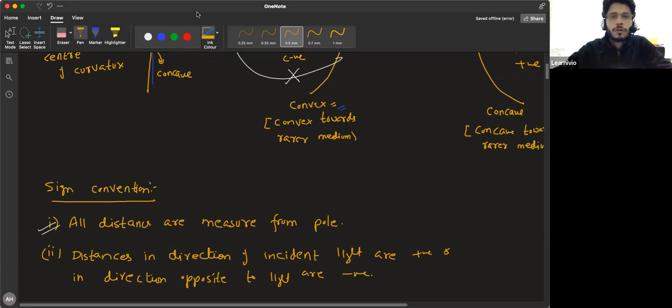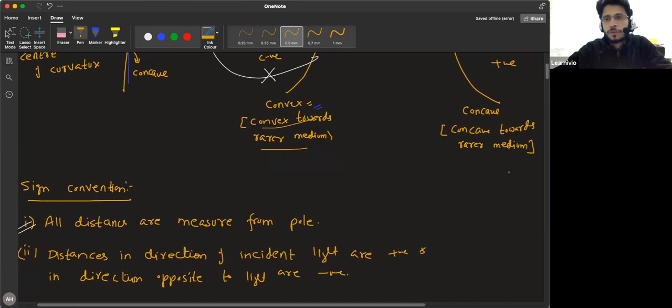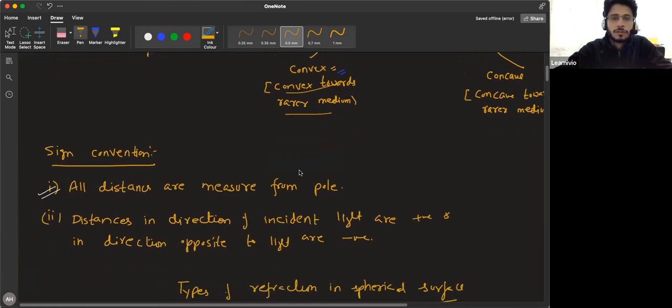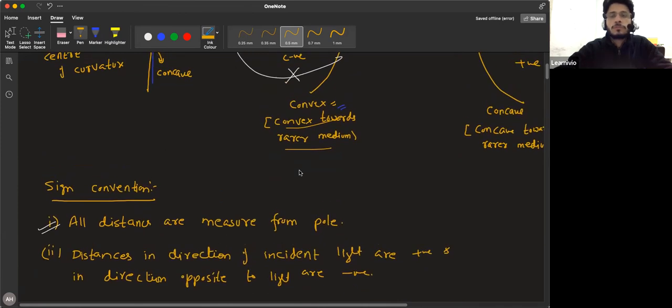Omar, can you explain how we can decide whether the surface is convex or concave? By the rarer medium. If it is convex towards the rarer medium, then it's a convex surface. If it is concave towards the rarer medium, it's a concave surface. See, it's written over here also. Convex towards the rarer medium, so convex. Concave towards the rarer medium, so concave. Miraj, clear? Yes, sir.